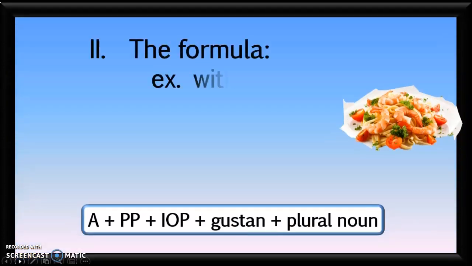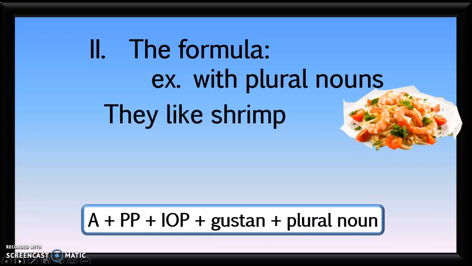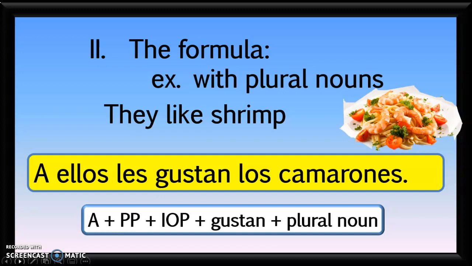One more example. They like shrimp. Well, one thing, shrimp in Spanish is always used as a plural noun, so you have to know that as well. You would say a ellos les gustan los camarones. To them, the shrimp are pleasing.